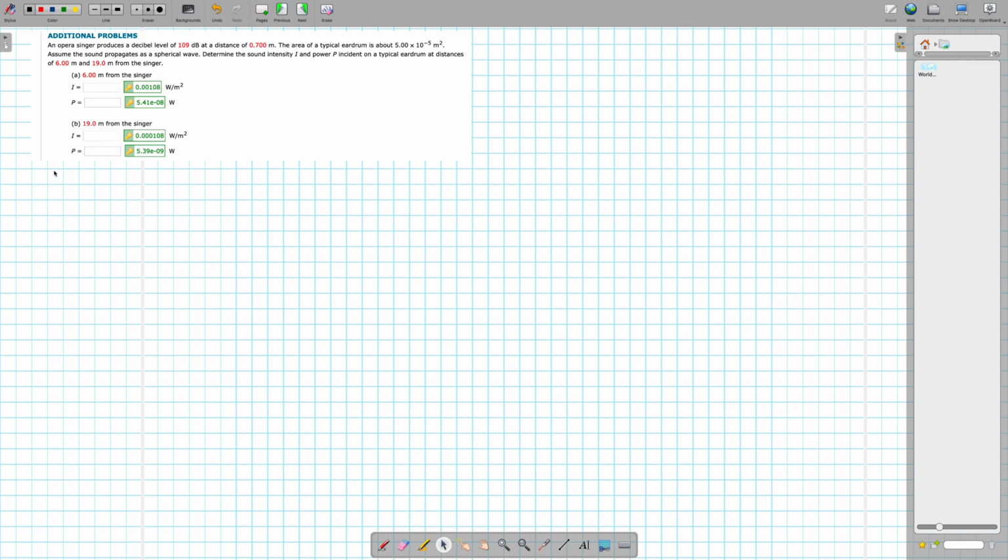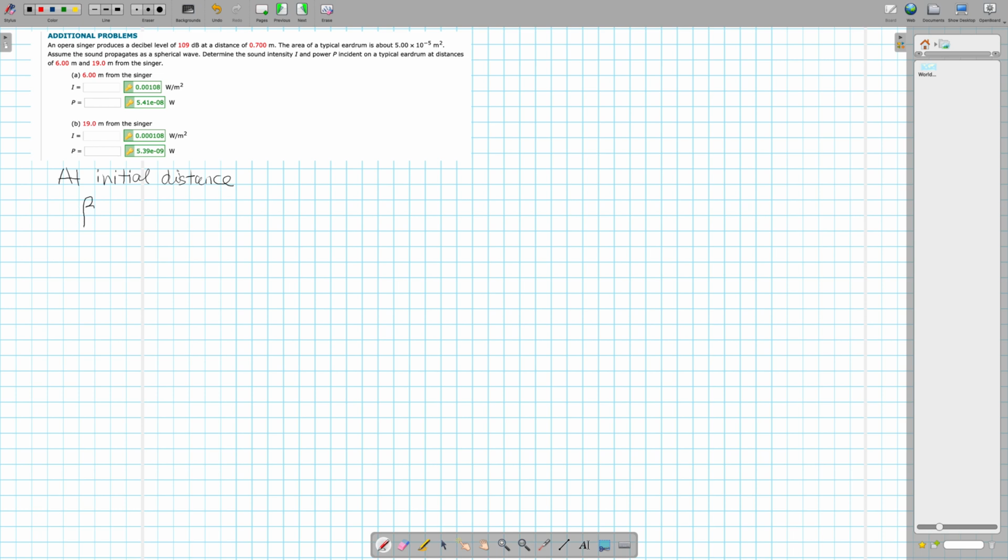So let's start at this initial distance. For me, it's 0.7 meters. For you, it may be a different number.